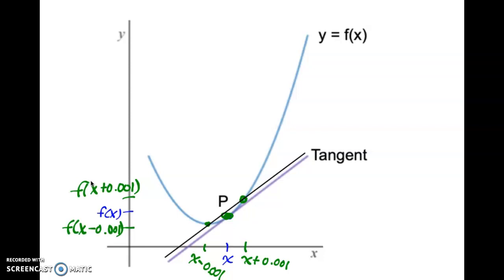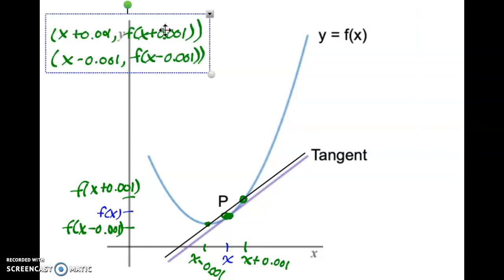And over here, I've just put the y values that match with the x values. So when we had x minus 0.001, the y value that matched with that would be f at x minus 0.001. And same for x plus 0.001. So now I have my 2 points.